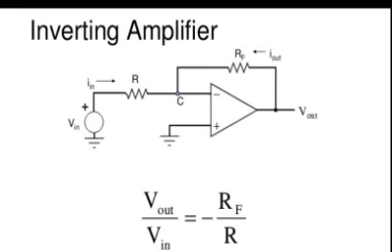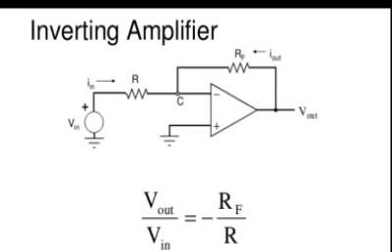At that time the gain of the inverting amplifier is minus V out divided by V in. I will repeat it: the gain of the open loop inverting amplifier is equal to minus V naught divided by V in.